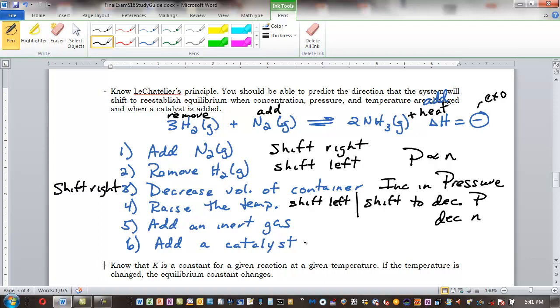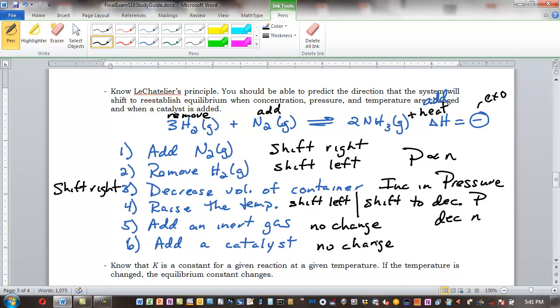All right, 5 and 6. Let's do 5 first. If we add an inert gas, does that affect the equilibrium position? No. So this one would be no change or no effect. What about adding a catalyst? No, that has no effect either, no change.